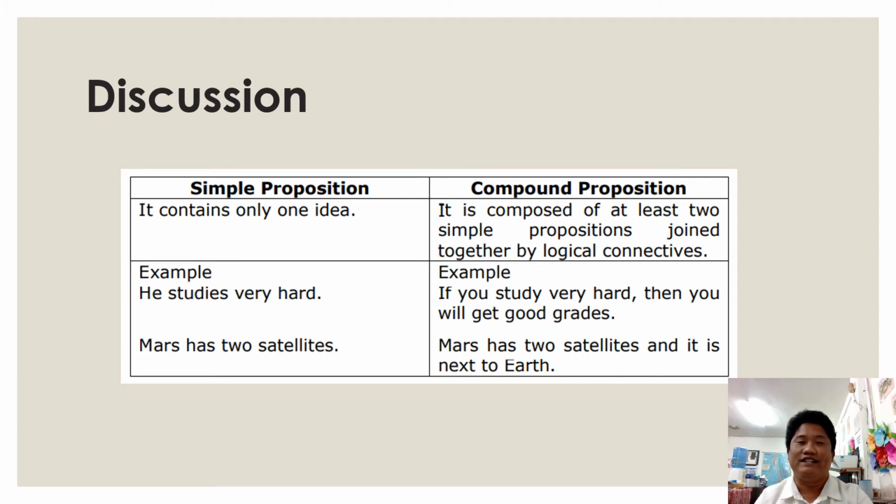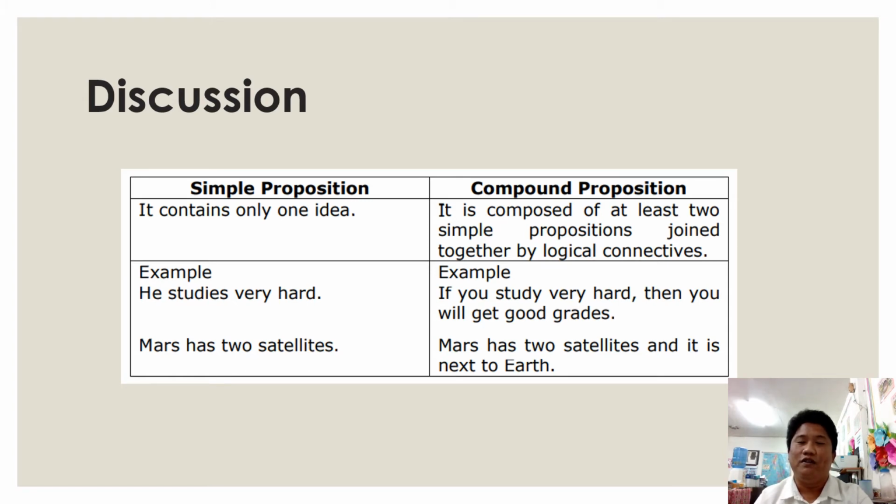We have here an example. He studies very hard. So he studies very hard is an example of simple proposition. In compound proposition, we have here, if you study very hard, then you will get good grades. So we can see here there are two simple propositions inside the compound proposition.